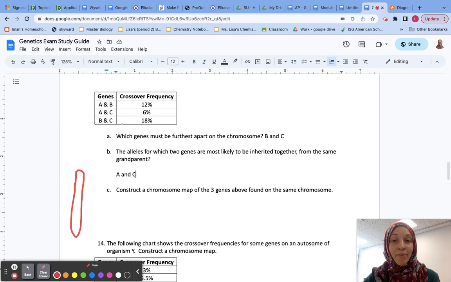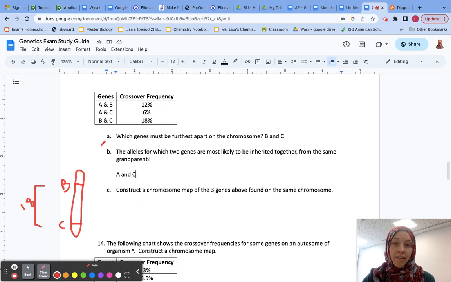That will kind of make sense in a minute. The percentages, you almost want to think of them as units. Okay? So B and C are 18 units apart. And we said that they're my furthest apart because they have the highest percentage between them. So B and C. And exactly how far apart are they? It's going to be 18. You can think of it like units, 18.